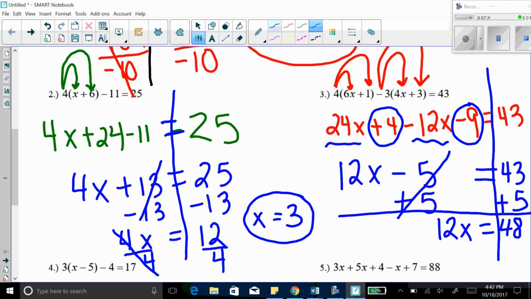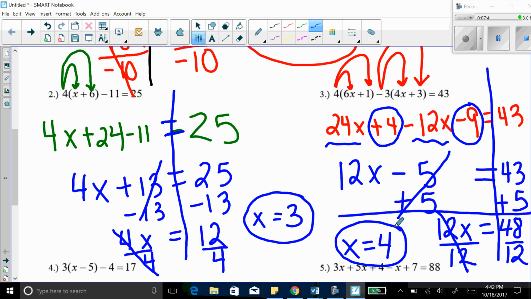Now we know that the 12 and the x are being multiplied because there's no sign in between them. So to undo multiplication, we divide. Those cancel. So we get x equals, well, 48 divided by 12 is 4. I circle my answer, and I am done.